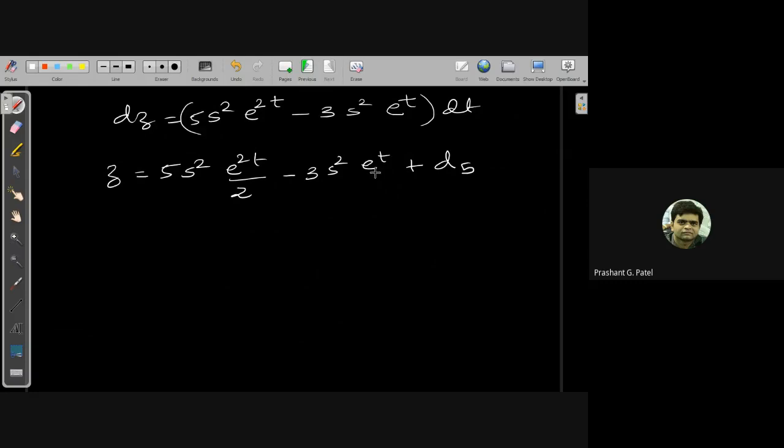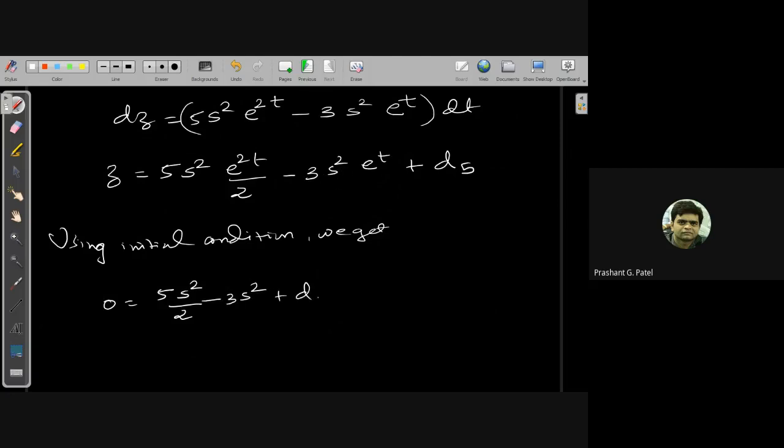Using the initial condition, that is t equal to 0 as z is 0, we get 0 equal to 5 s square by 2 minus 3 s square plus d5. So the value of d5 we got is 3s square minus 5s square by 2.